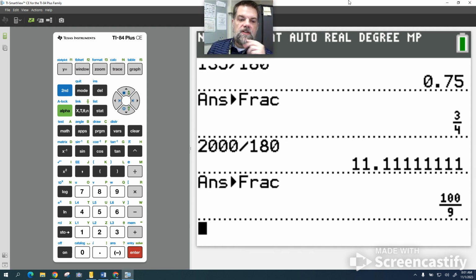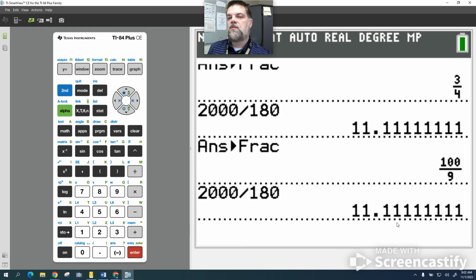Oh, sure. So when I do this, if I go 2,000 divided by 180, your calculator by default will spit out the decimal. So one of the things your calculator can also do is take it and change the decimal into a fraction. So what you want to do is see this button here that says math.